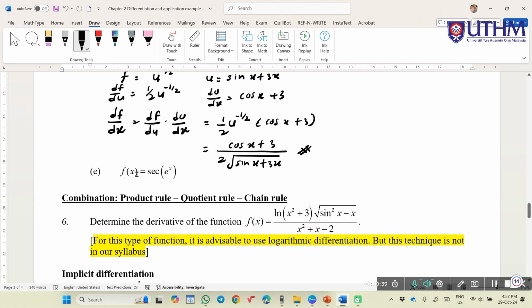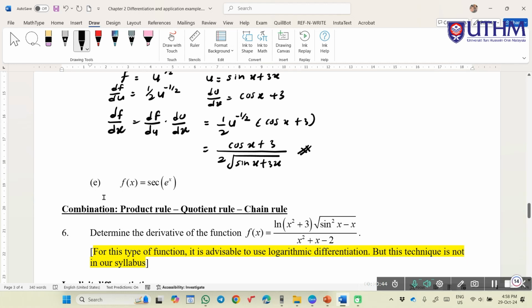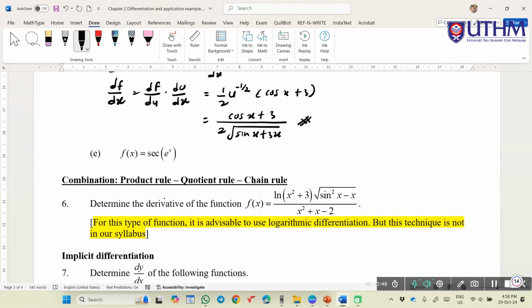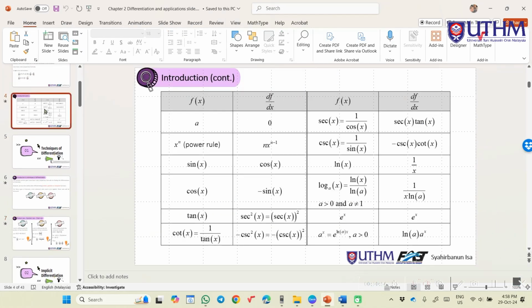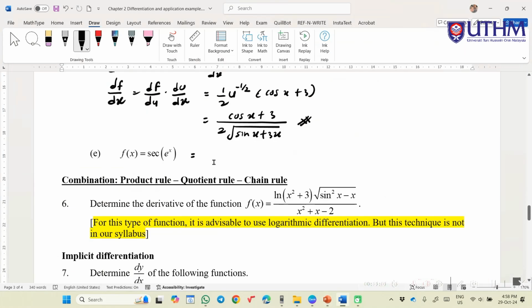So you can try the final example, example E. I will just give the answer. What is the differentiation of sec x tan x? Let me check. The differentiation of sec x is sec x tan x.